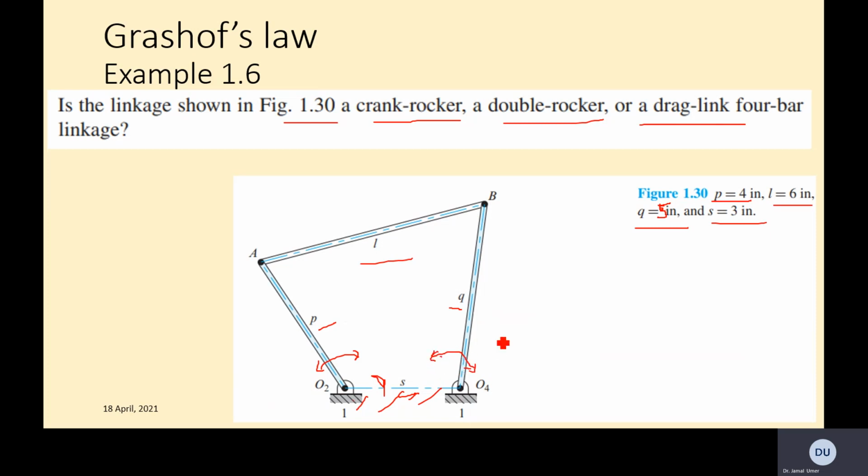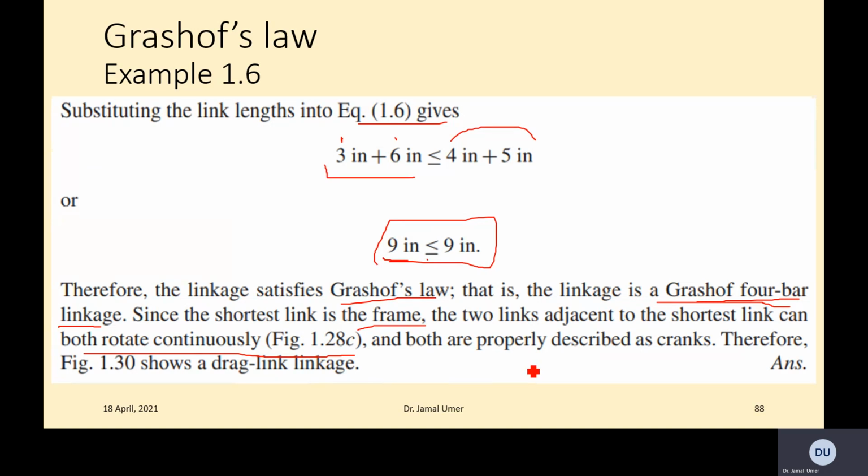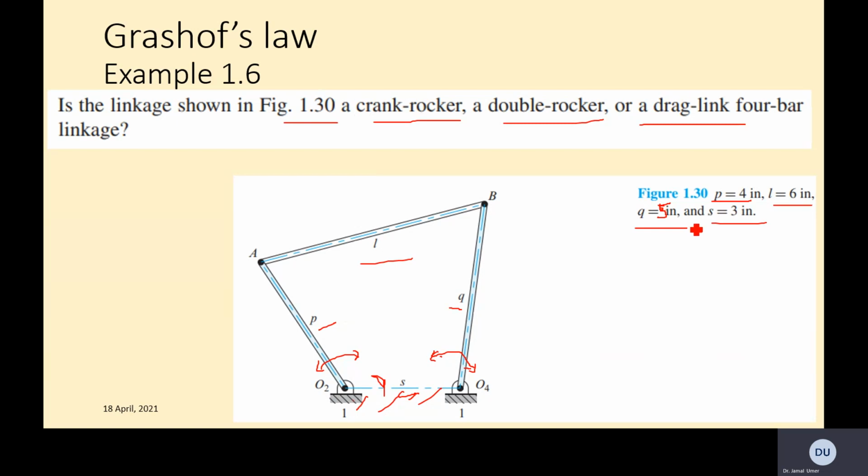You keep moving one and the other will keep moving. Both are properly described as cranks. Therefore, figure 1.30 shows a drag link linkage, because both are moving continuously. This is one of the definitions for a drag link 4-bar linkage.